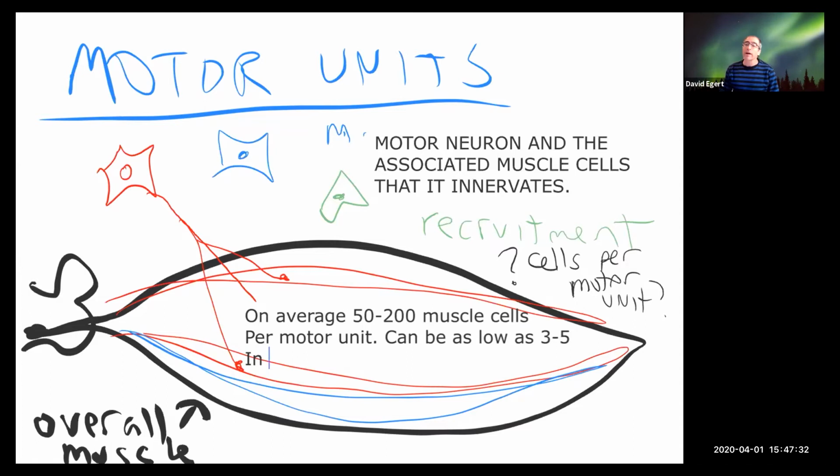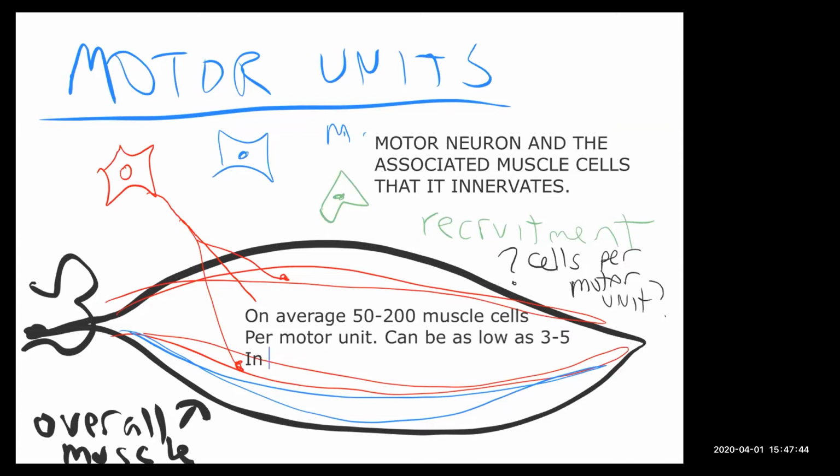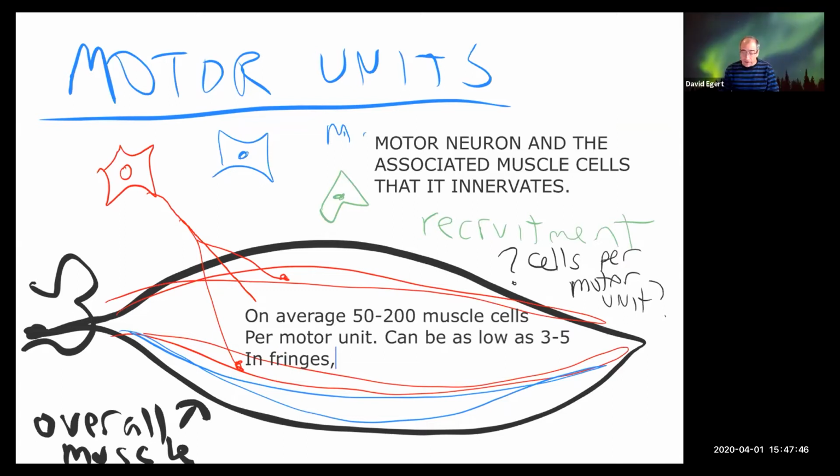And what kind of muscles are going to need incredibly fine control, just adding a little more force, a little less force, really fine gradations? Fingers, exactly. In your fingers, your extrinsic eye muscles. So places where you have really fine control, you might have only a few.